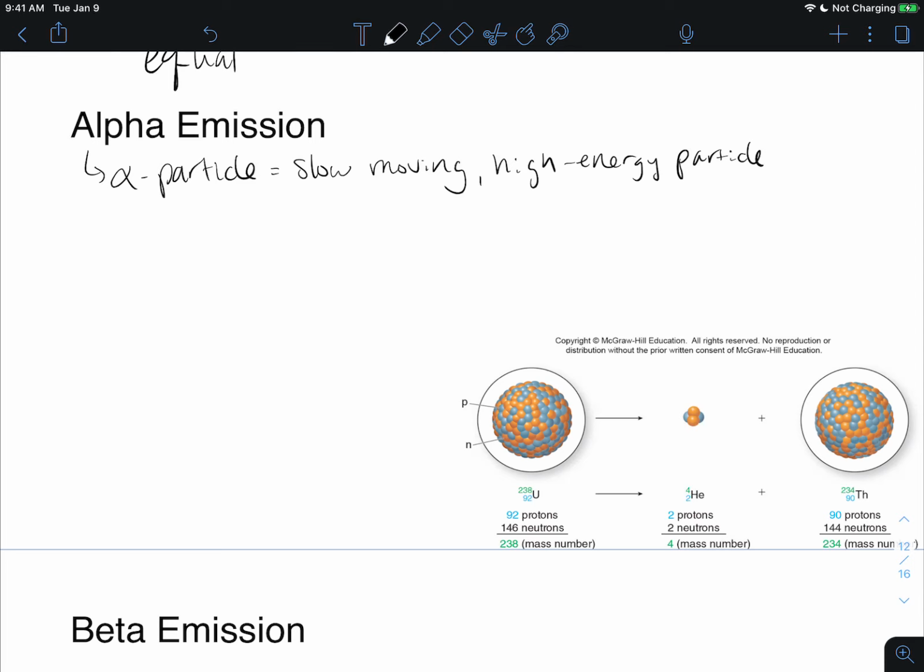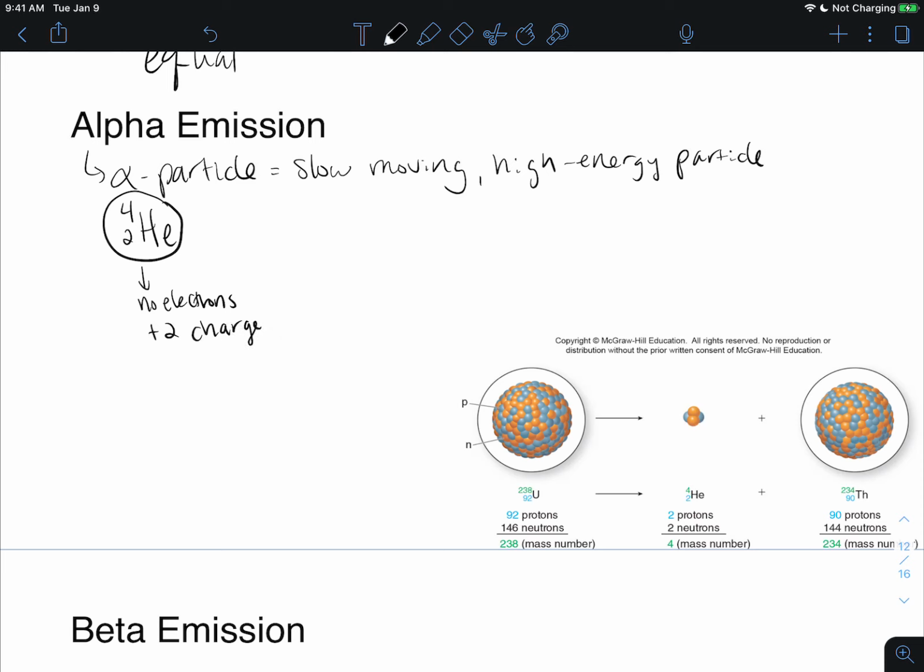It has an atomic number of 2. It has a mass number of 4, so it has 2 neutrons as well. So we write it like this. So this is our alpha particle. It has no electrons, but it does have a +2 charge.